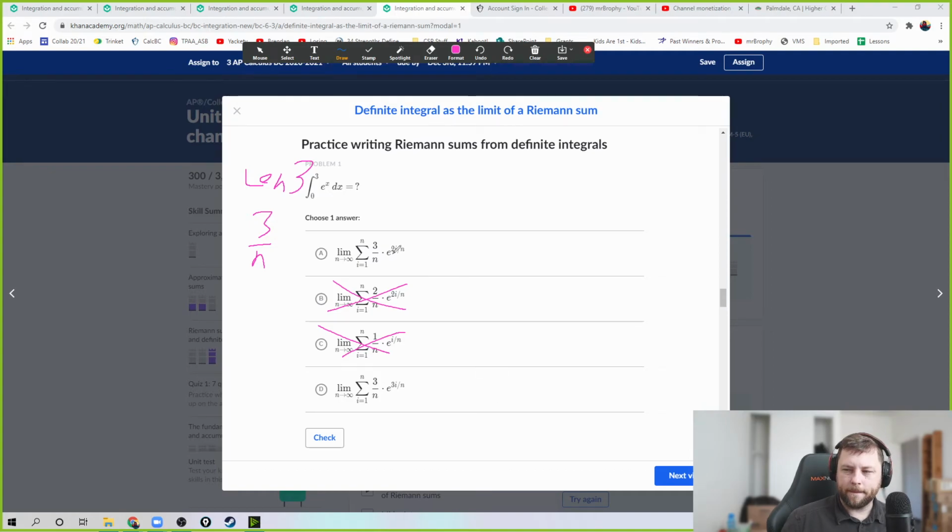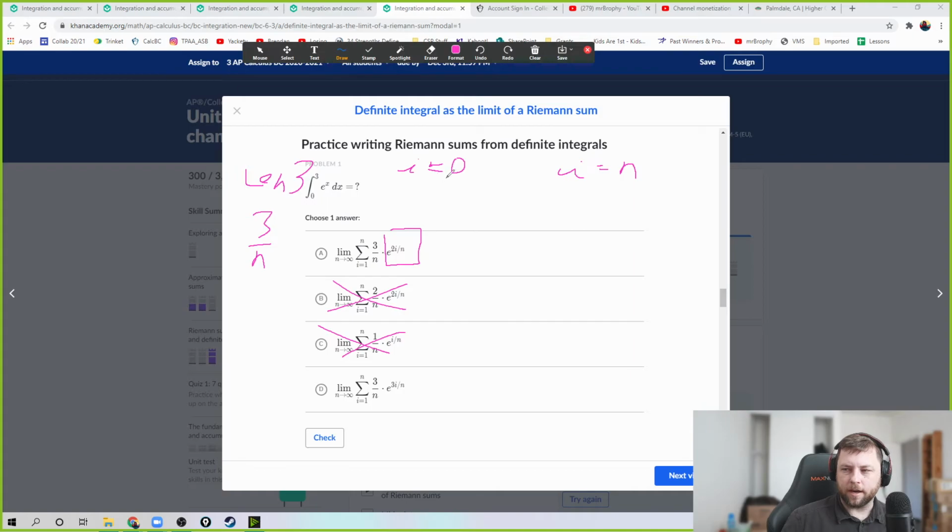Now, I want to figure out, so it's e to the 2i over n or 3i over n. So I know I have to go from 0 to 3. So I'm going to plug the first one in when i is equal to 1, because that's going to be like the left-hand side, and then try it when i equals n, or just this formula part.